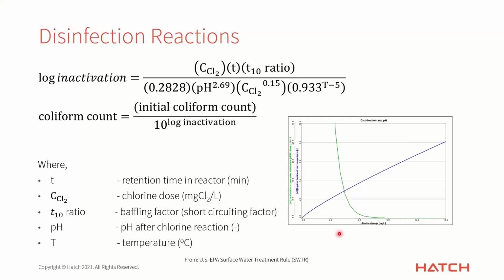This is actually taken directly from a GPSX output. And it basically just illustrates that as the log inactivation increases in a pretty linear fashion, you can see that the coliform count is decreasing exponentially. And one more thing I should mention is that the initial coliform count here is a user input. So you're going to have to input that into the model, into the actual disinfection object. It's not like a state variable that is carried along throughout your entire plant.